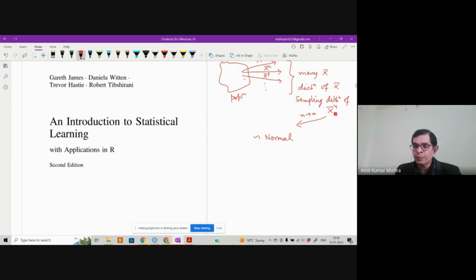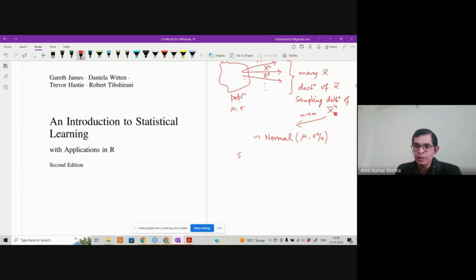It will be an approximately normal distribution with mean equal to the population mean, mu, and if the population has standard deviation sigma, then the variance of the sampling distribution will be sigma square by n.